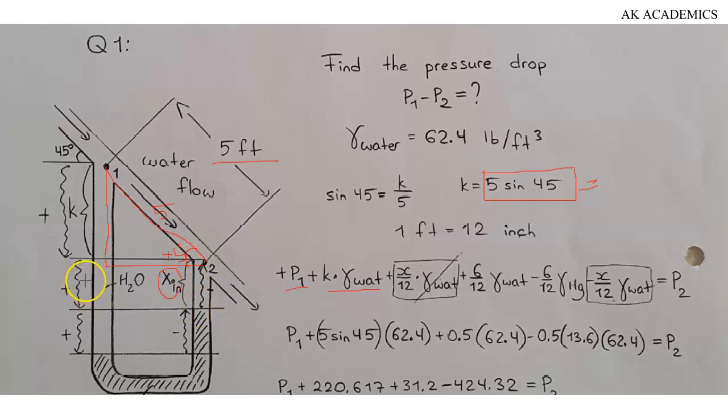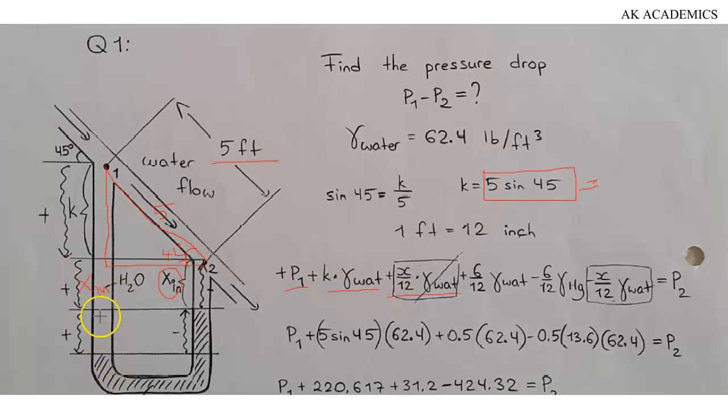So that is going to be the same height that we have here. So it's going to be x inches here. Okay, so it's going to be plus pressure of water due to this height x inches. So you have x over 12 multiplied by the specific weight of water, and that's exactly what we have here. That's going to be the pressure due to this height here.